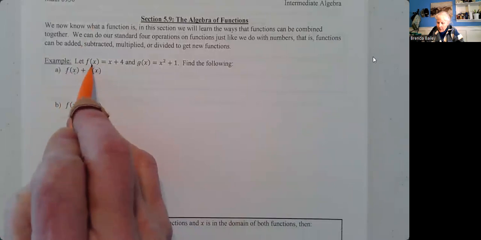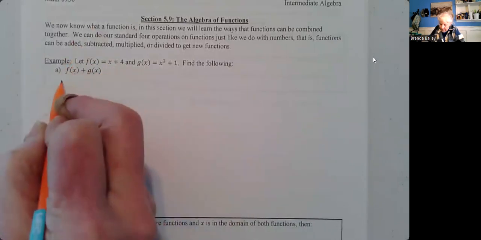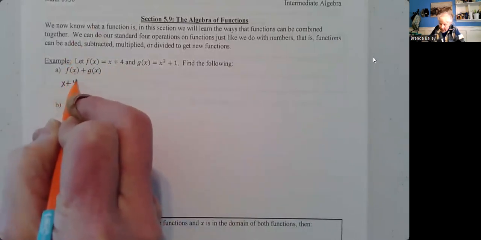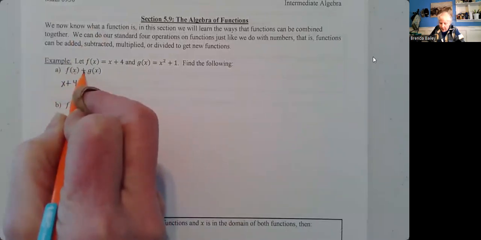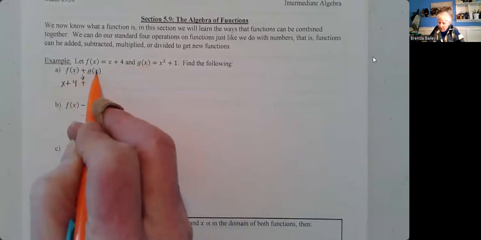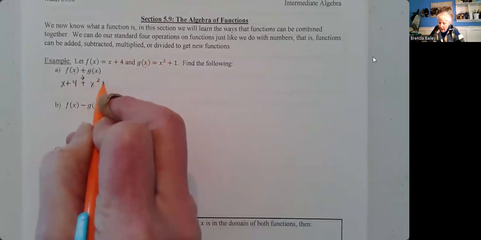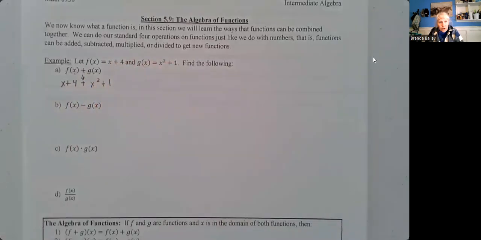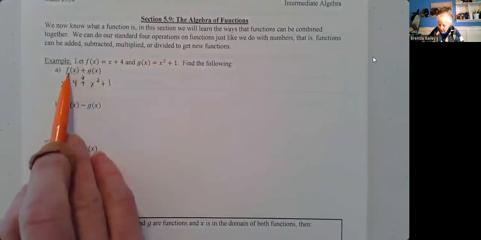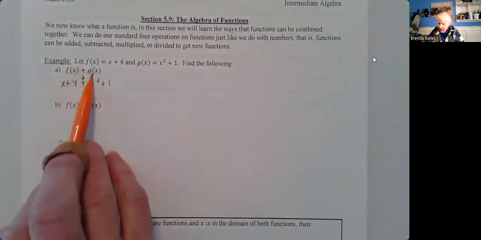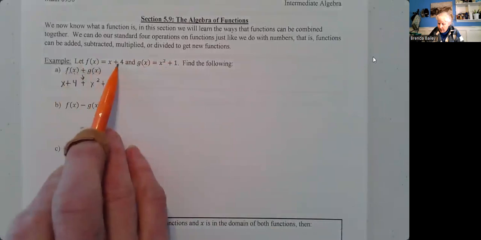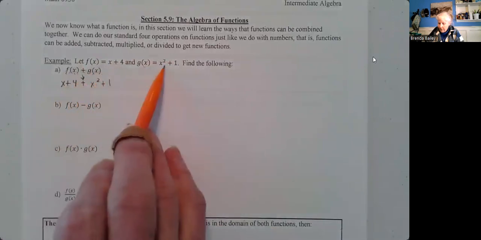F of x is equal to x plus 4. And we're going to add to it the g of x function. Well, g of x is equal to x squared plus 1. So now all you do is you combine like terms, which we've done before. All righty, so when they give you a problem like this, they want you to take whatever the f of x is equal to and add the g of x, whatever it's equal to.